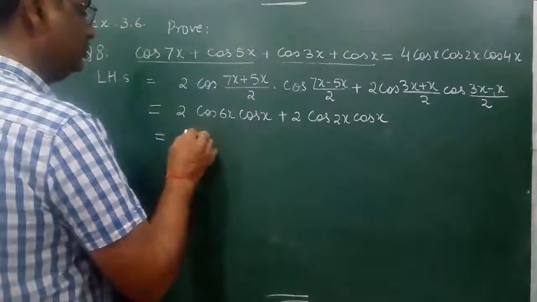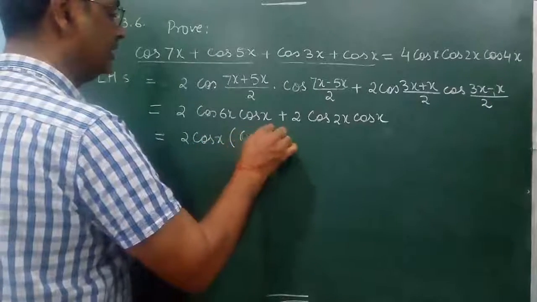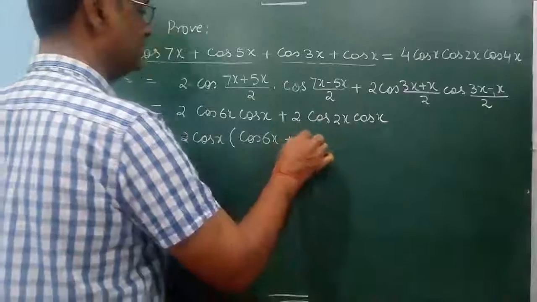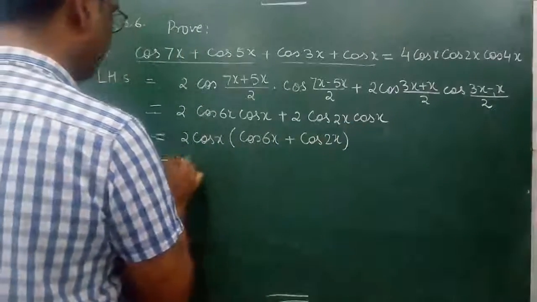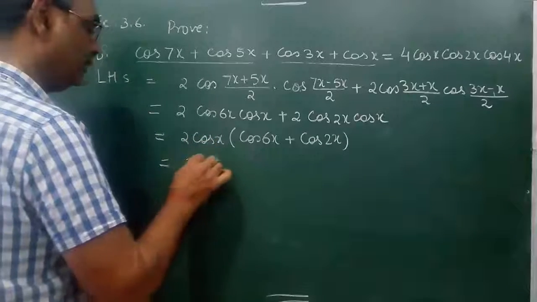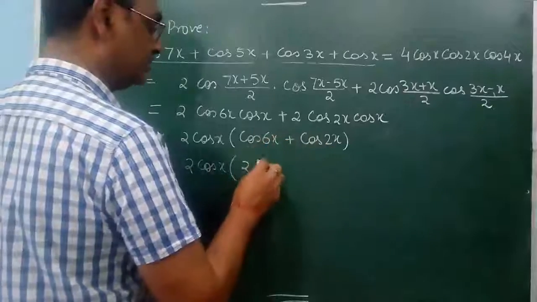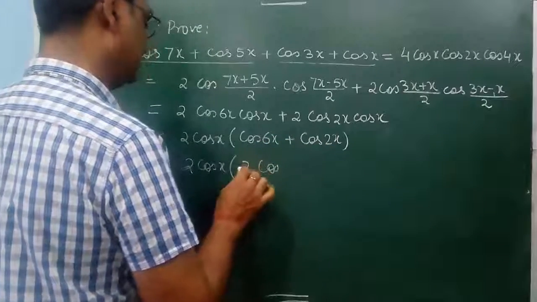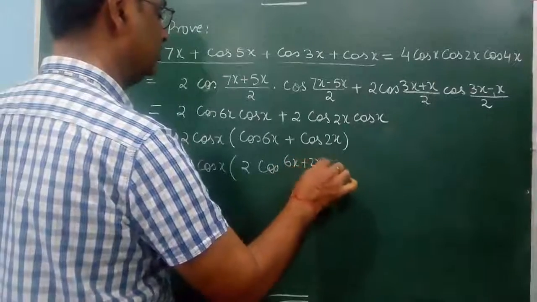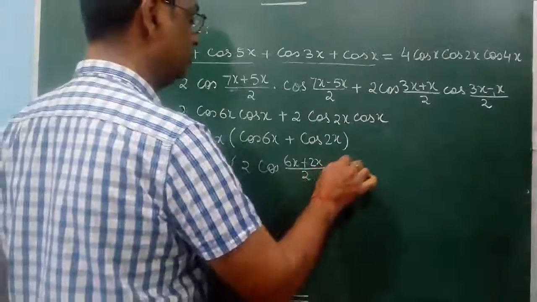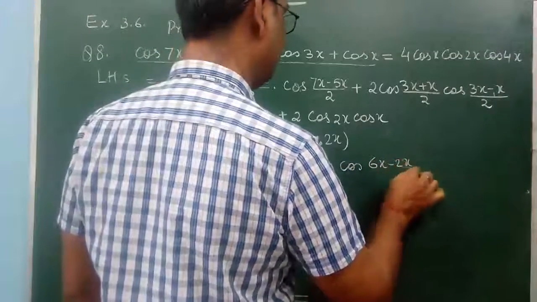What is common in these two? 2 cos x. What is left? Cos 6x plus cos 2x. This is 2 cos C plus cos D, cos (6x plus 2x) by 2 into cos (6x minus 2x) by 2.